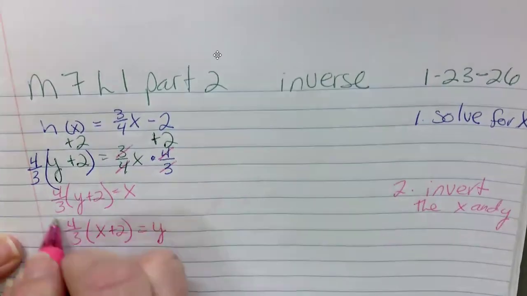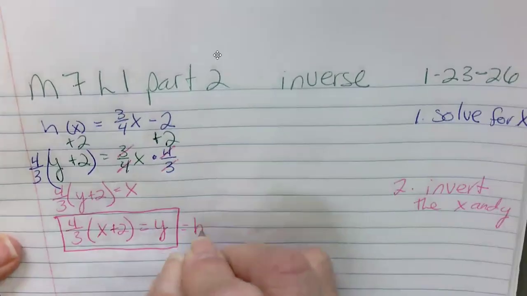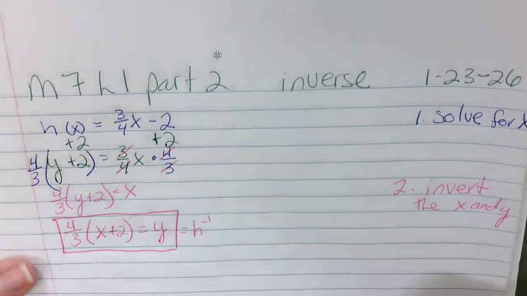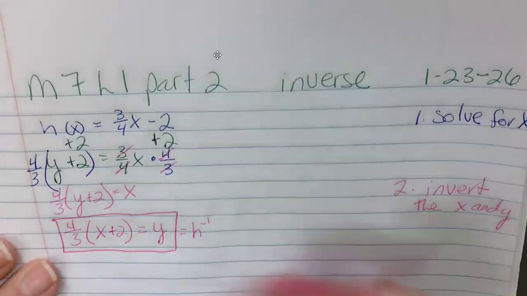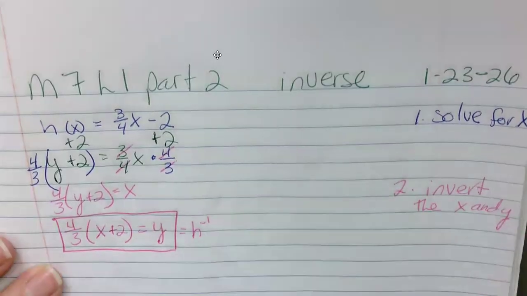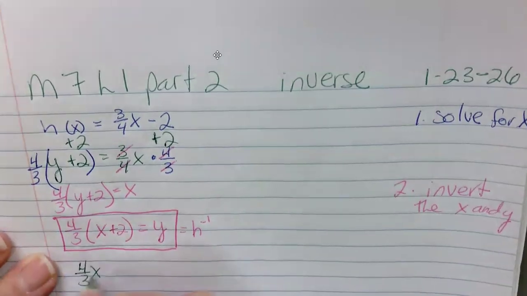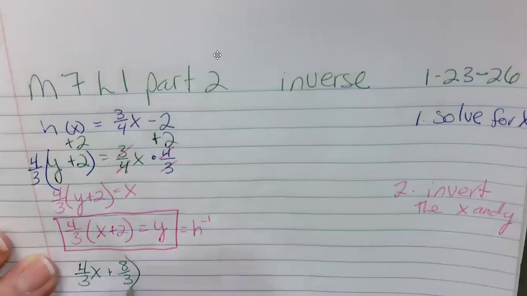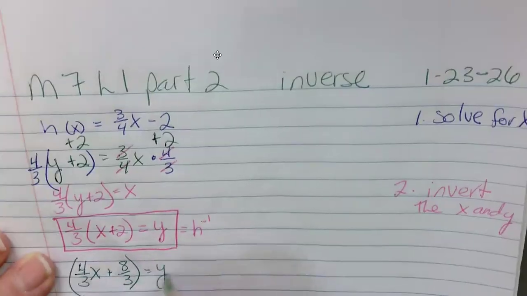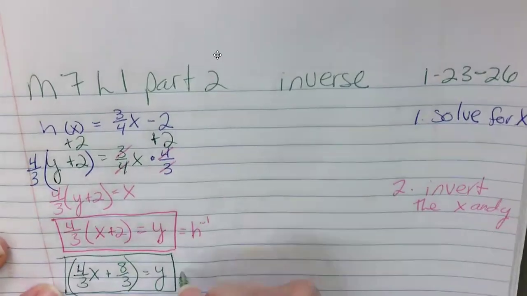And then this can go in a box because this is the inverse operation. Now you could have multiplied that out, maybe you distributed it, so you could have ended up with 4 over 3x plus 4 times 2 is 8, 8 over 3 equals y. That would also be correct. It doesn't even need the parentheses. It would be fine without them.